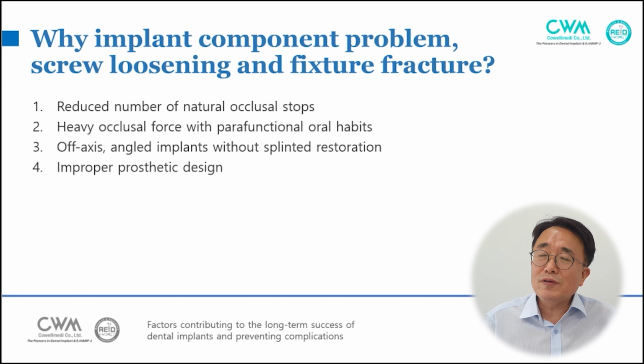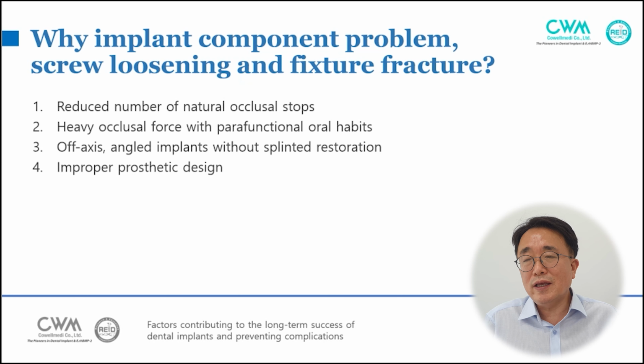Why do implant component problems, screw loosening and fixture fracture occur? First, a reduced number of natural occlusal stops, so the heavy force is focused on the implant. And second, heavy occlusal force with parafunctional oral habits makes screw loosening and fixture fracture.